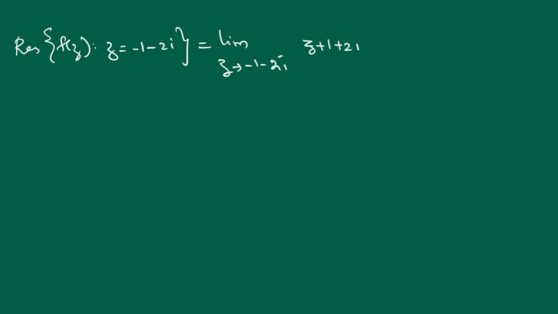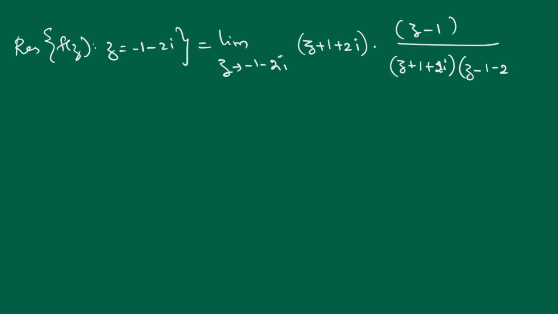Now the given pole is a simple pole: f of z at z equal to minus 1 minus 2i is a simple pole. We can apply the formula. While writing it as a factor we have to write it like this, that is z minus a, and minus of minus will become plus. So we have written it like this into f of z. Here we can write the function in factorized form, because we have two roots.